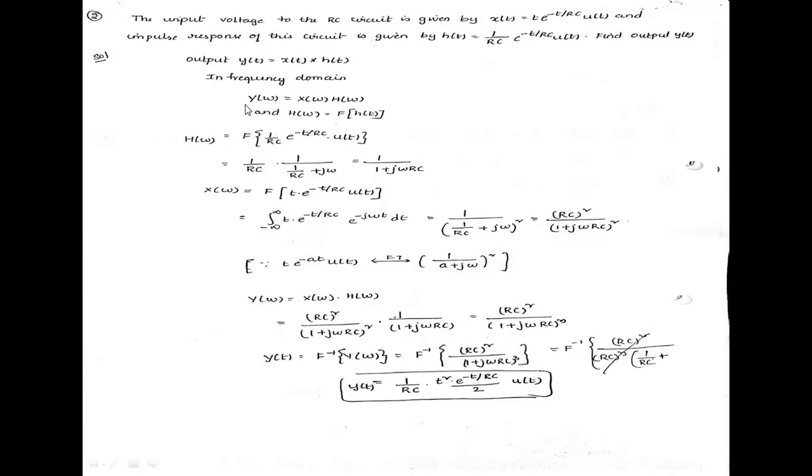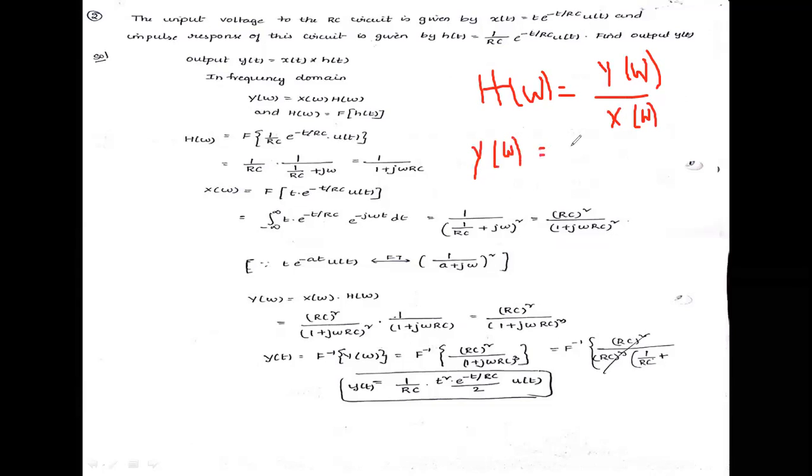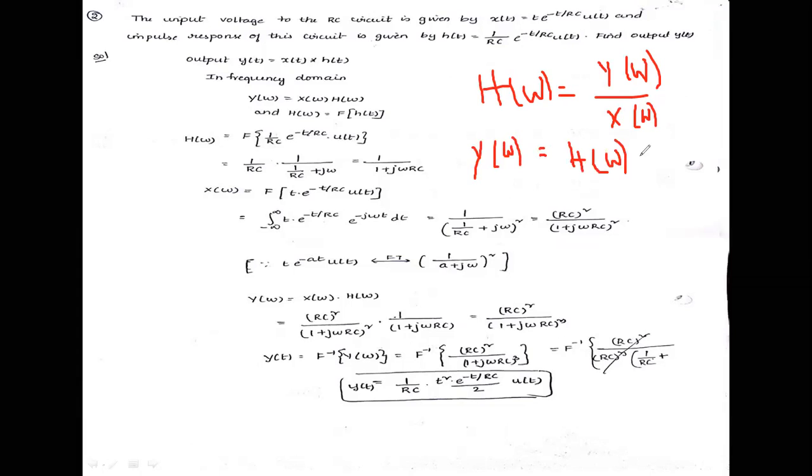Given x(t) and h(t), you have to find the output function. There is no direct relation for y(t); we only have the system function H(omega) = Y(omega)/X(omega). So Y(omega) = H(omega) X(omega).